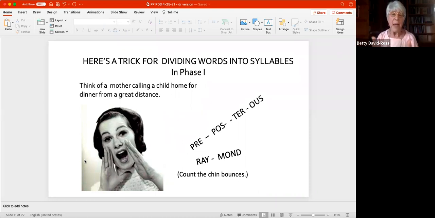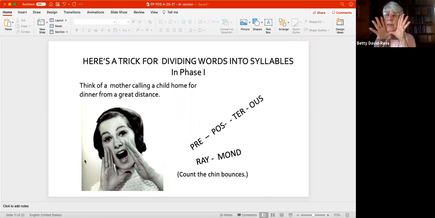Don't bother with this. But if they can't, and many of them can't, they'll go Ray, Mund, and they'll say 3 syllables or 4 syllables. And if they do that, this is the trick that seems to work. The reason you're doing it as a mother shouting is so that you open your mouth wide. Because, for instance, you can say Raymond without barely moving your jaw, and then you have no way of figuring out what the syllables are, like a ventriloquist.